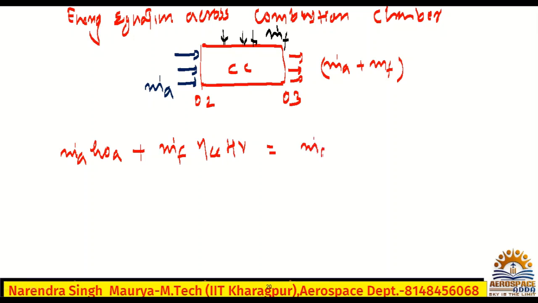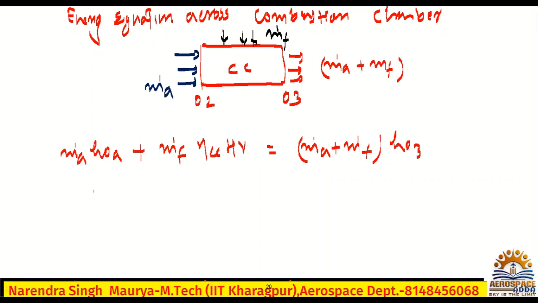Sorry, M dot A plus M dot F, H naught 3. Hope you understood why I am writing this equation, because I want to calculate H naught 3. I need that value. So how you can get? You have to apply energy balance across the combustion chamber. Total energy input is equal to total energy output. That is the energy conservation, heat balance, energy balance.